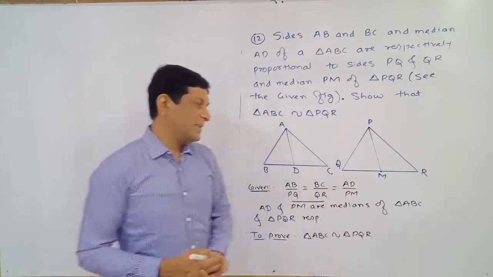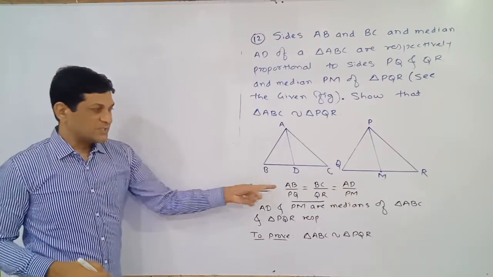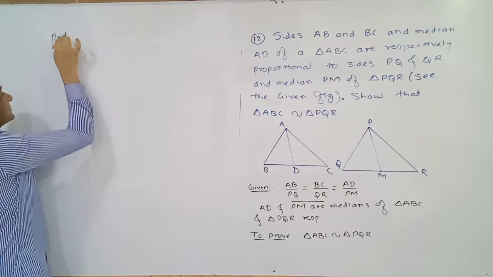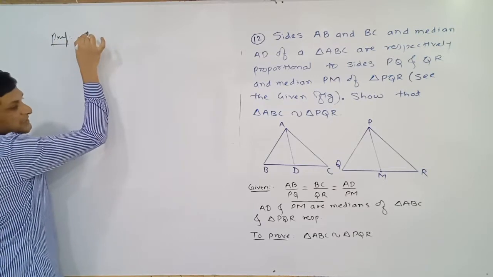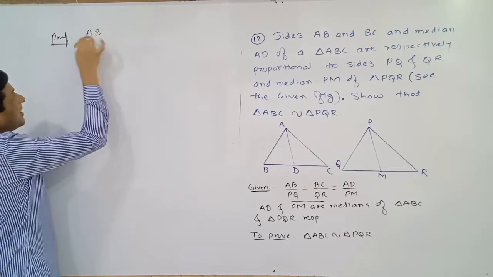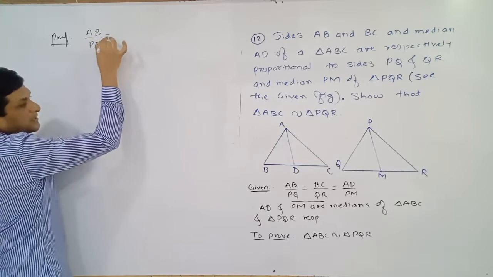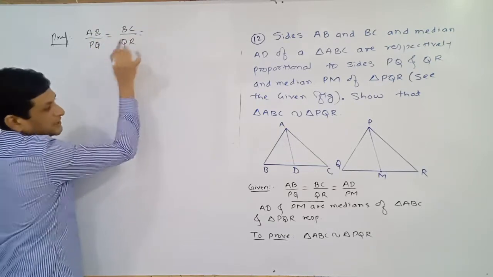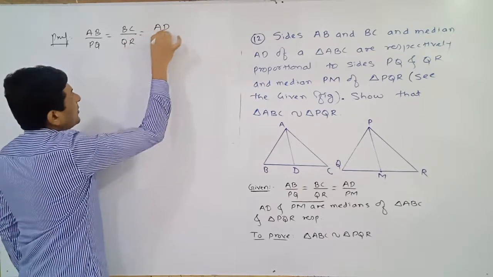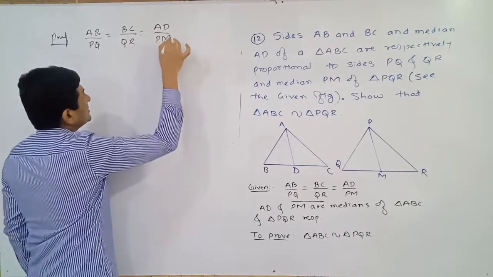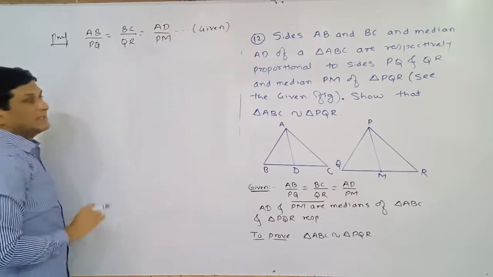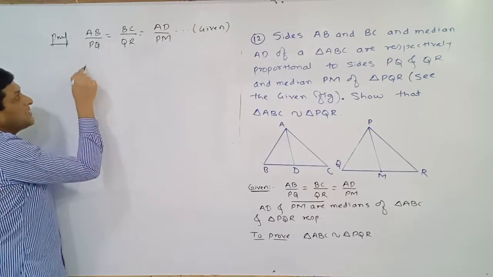Now we consider the first given condition. It is given that AB upon PQ is equal to BC upon QR, which is equal to AD upon PM. So these ratios are equal. Now AB upon PQ, keep it as it is.